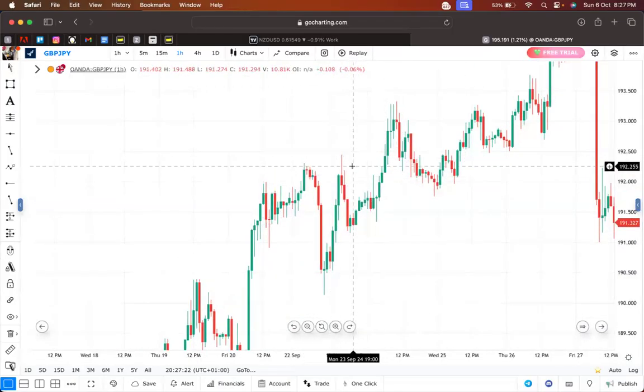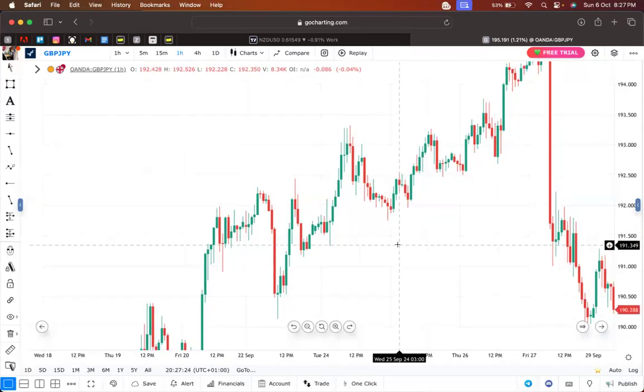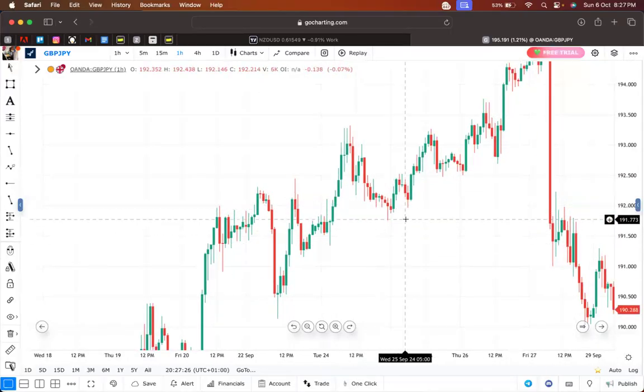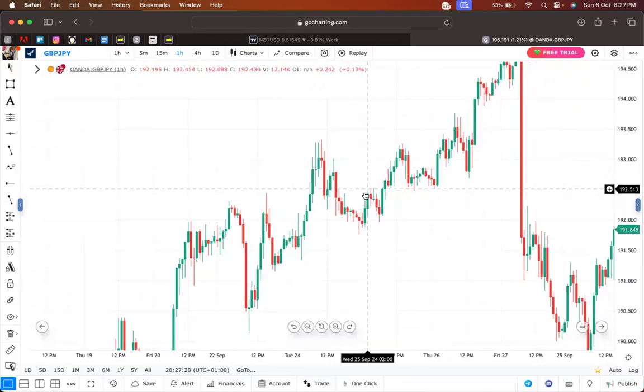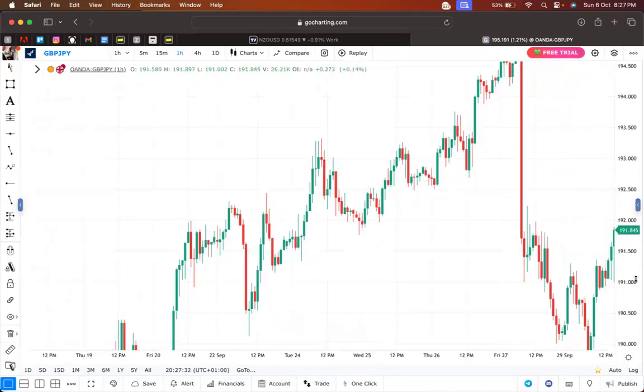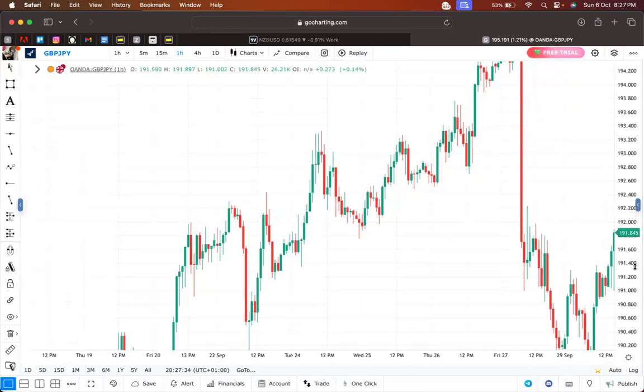No, I don't think it was this one. Okay, yeah, we use Fibonacci to enter. Let's use this one. Your entry is on the lower time frame, yes.